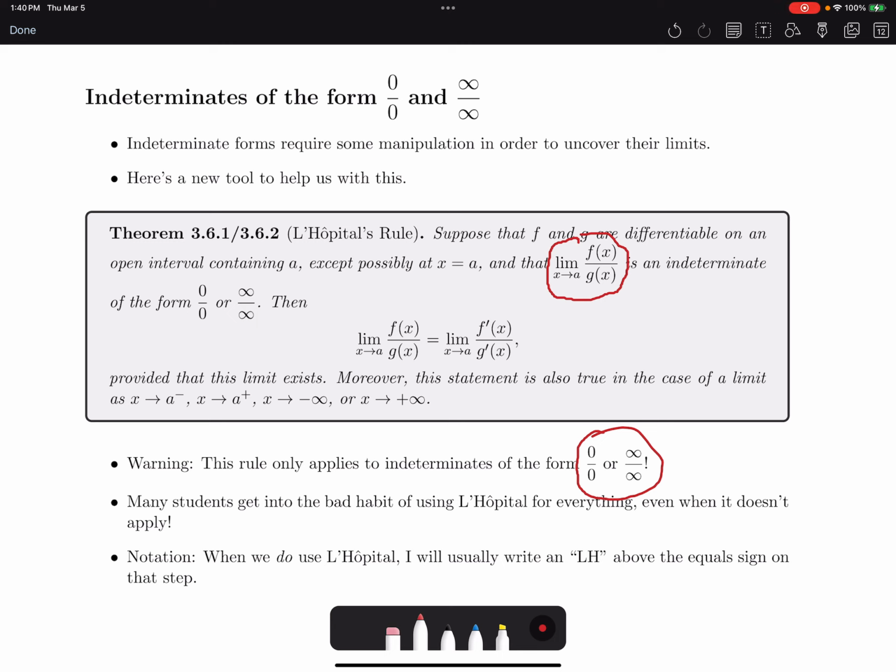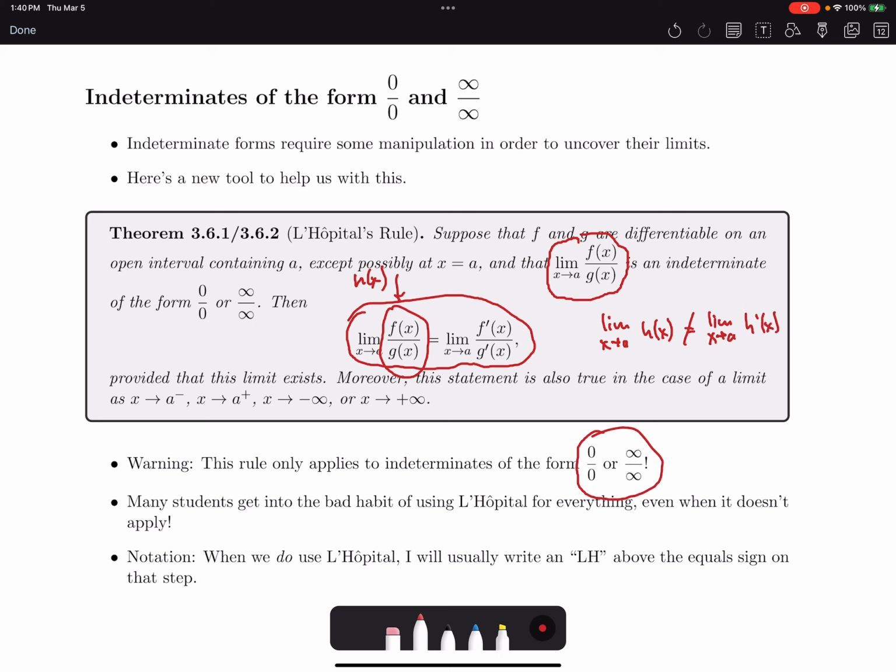The other thing to keep in mind is that we're not taking the derivative of the entire function. We're taking the derivative of the numerator and denominator independently. If we call this function h of x, it is not the case that the limit as x approaches a of h of x is equal to the limit as x approaches a of h prime of x.